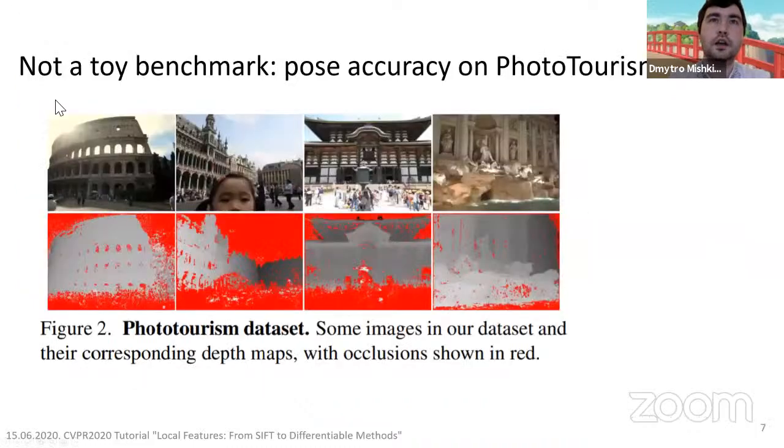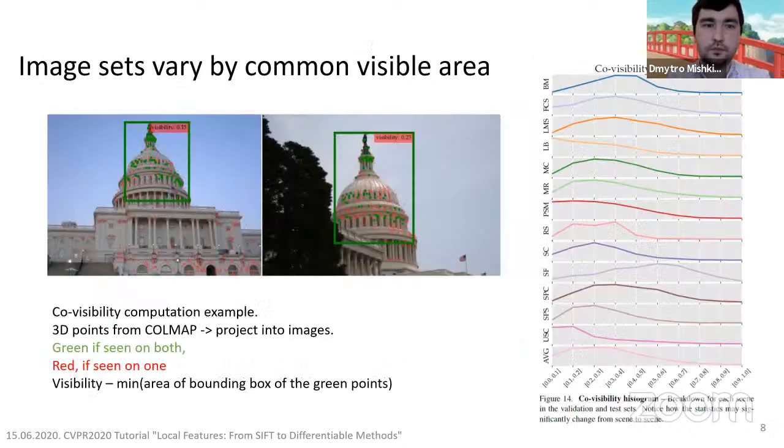Here are examples of the images and the clean depth maps we got. What's important is that these depth maps are not used for the detector and descriptor comparison because they can still be noisy. What is used is the camera pose.